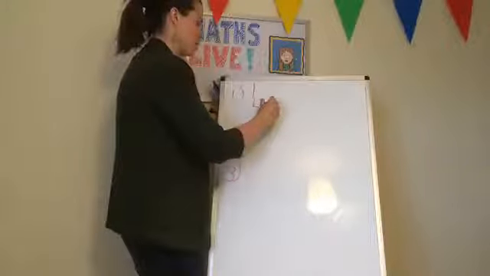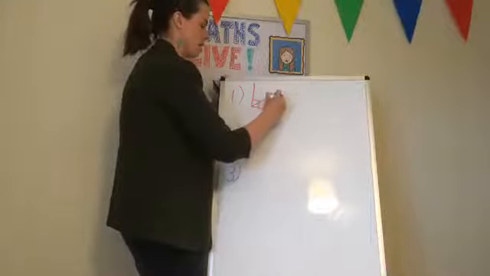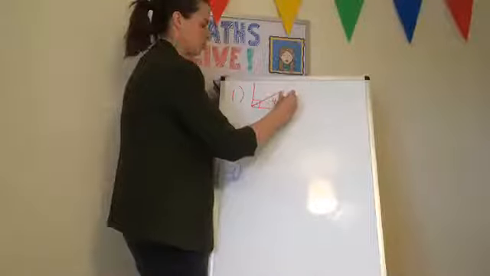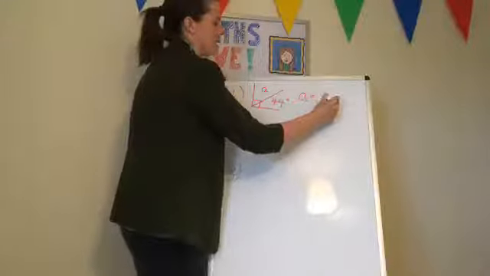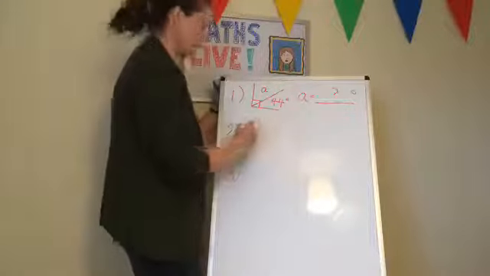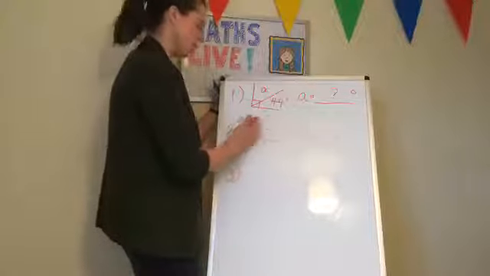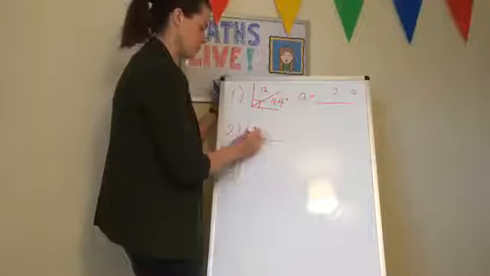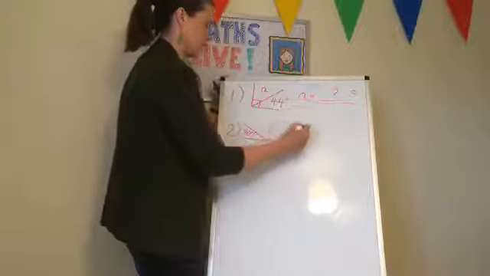So, we've got a right angle. This is 44 degrees. What is angle A? For this one, I'm going to do it even smaller. This is 40 degrees. What is angle B?